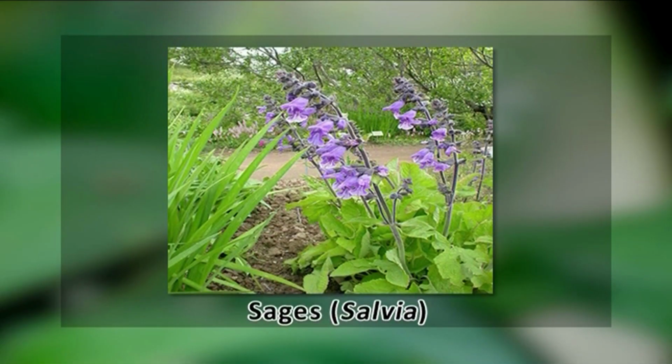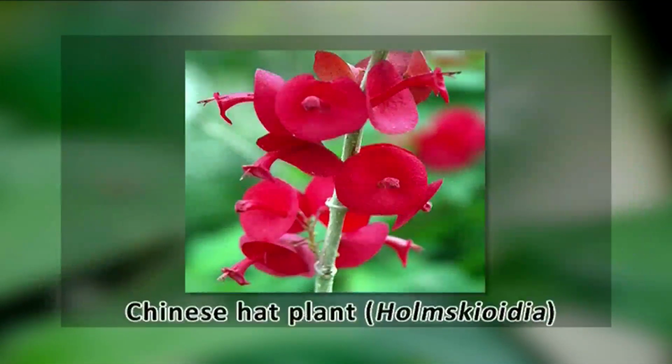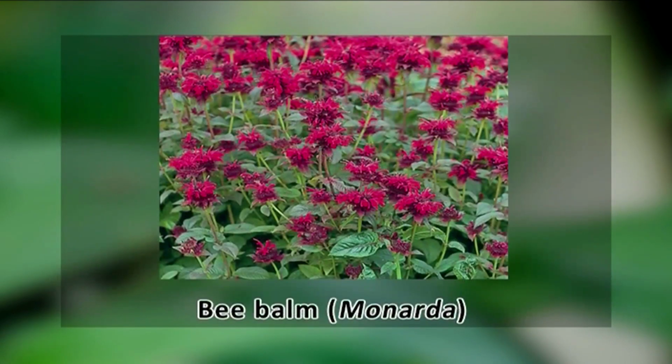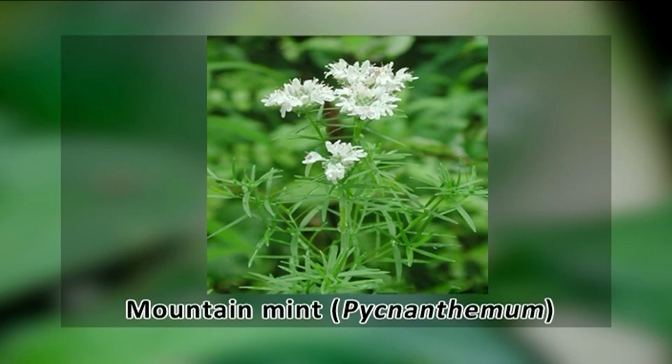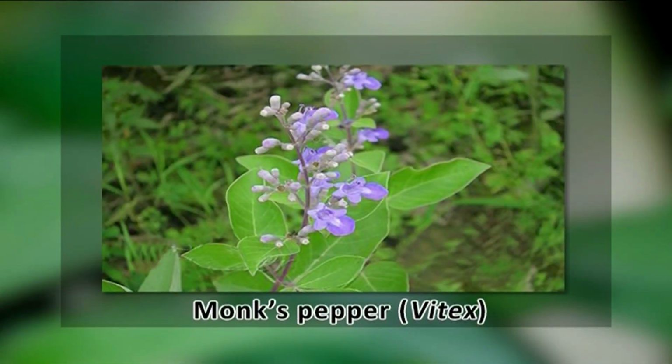Ornamental plants in Lamiaceae are sage, Salvia, beauty berry, Calicarpa, Chinese hat plant, Holmskioldia, lion's ear, Leonotis, bee balm, Monarda, mountain mint, Pycnanthemum, skullcap, Scutellaria, or the monk's pepper, Vitex. These are some of the notable ornamental plants in the family Lamiaceae.